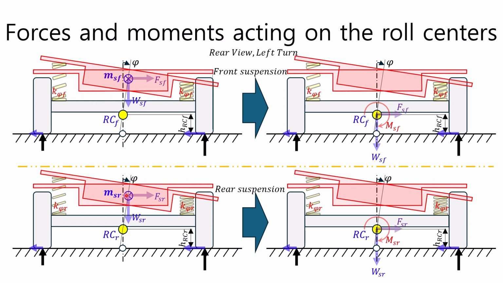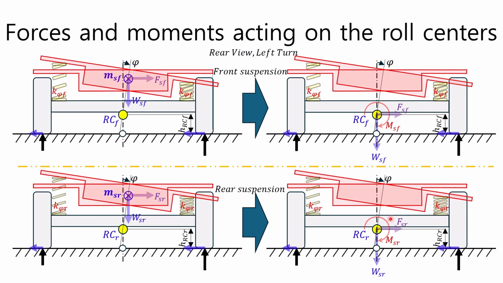As explained above, if the two forces on the left are equivalent to forces and moments about the roll center, they can be expressed as shown in the two figures on the right. As shown in the two figures on the right, since the roll angles phi are the same, the size of the front roll center moment MSF is determined by the size of the roll stiffness of the front suspension, and the size of the rear roll center moment MSR is determined by the size of the roll stiffness of the rear suspension.